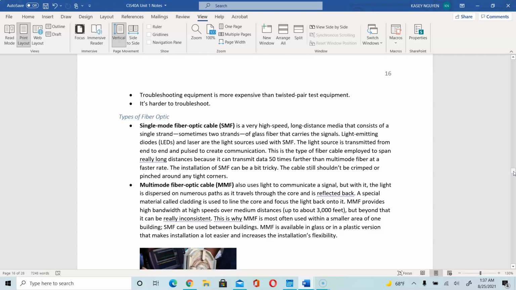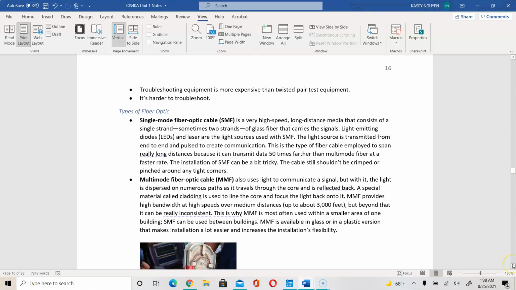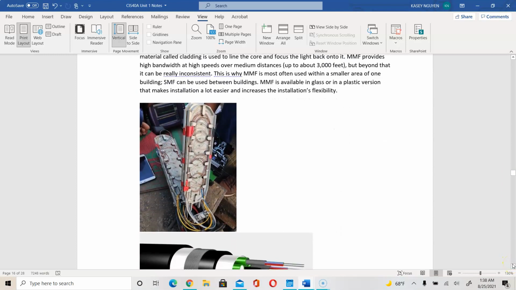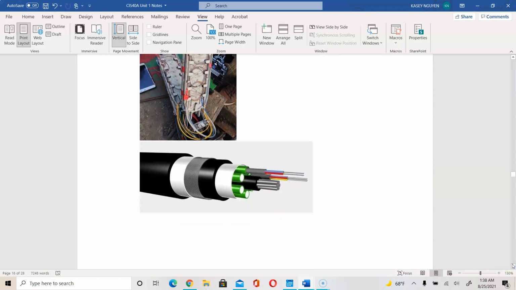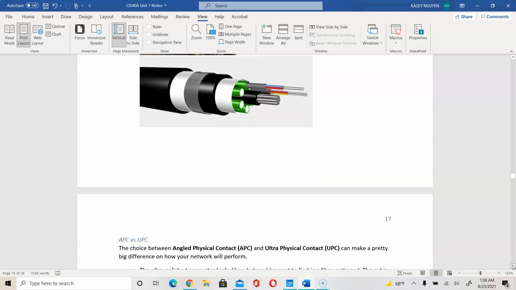SMF can be used between buildings, whereas MMF can be used across cities or towns. Here are some images that can show you how that would look.